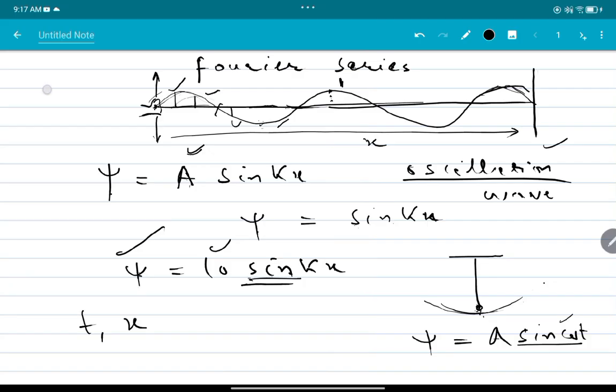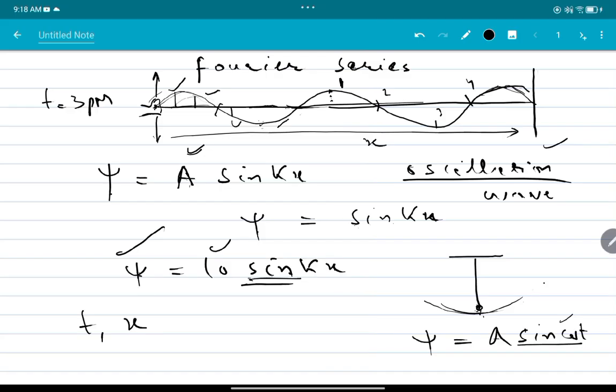Now, suppose this snap corresponds to a time, say 3 p.m. At 3 p.m. you have taken this photo of the string, so the displacement of the string at any point at that time has a constant value of time. That means the displacement at 1, displacement at 2, displacement at 3, displacement at 4, they correspond to a fixed time.